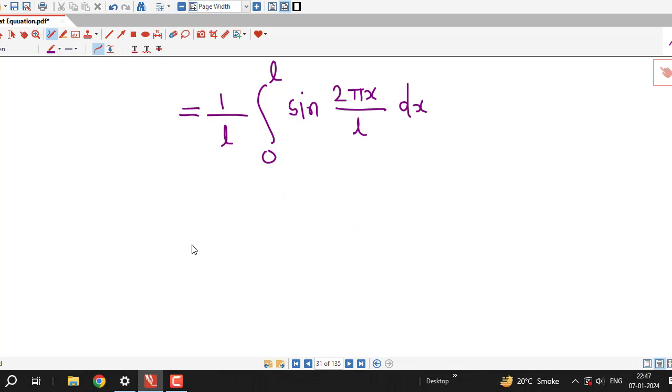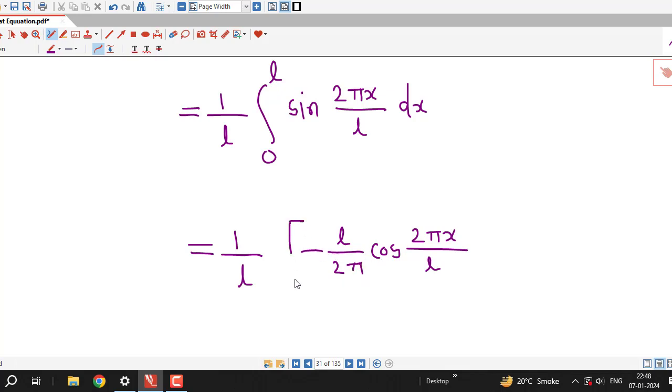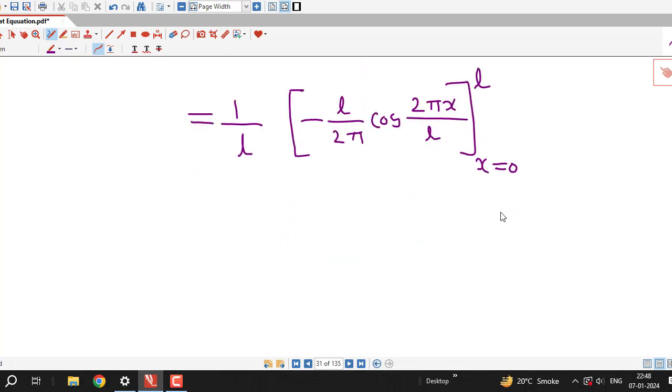And now this is a simple integral. Integral of the sine function is minus cosine of 2 pi x divided by L. In the division I have to write 2 pi over L, that I can rewrite as L divided by 2 pi, limits of x are from 0 to L. Now I can rewrite this by cancelling this L. So let me rewrite this as minus 1 over 2 pi.